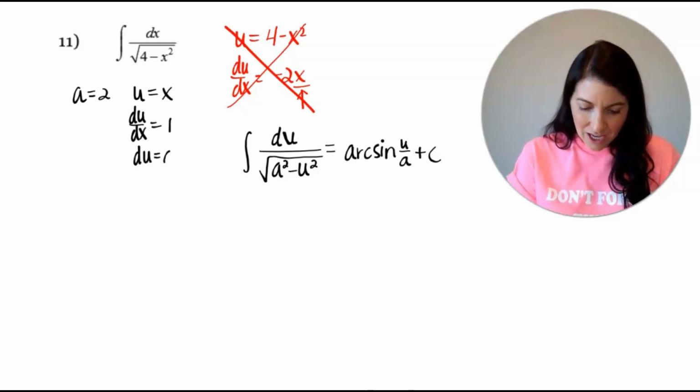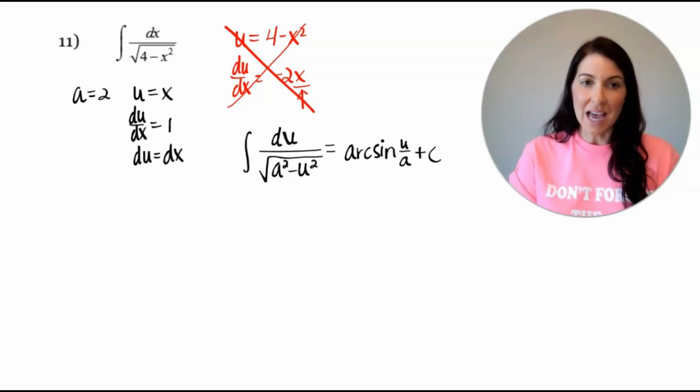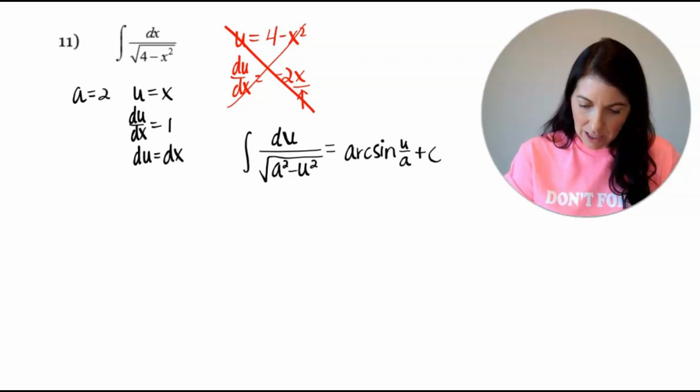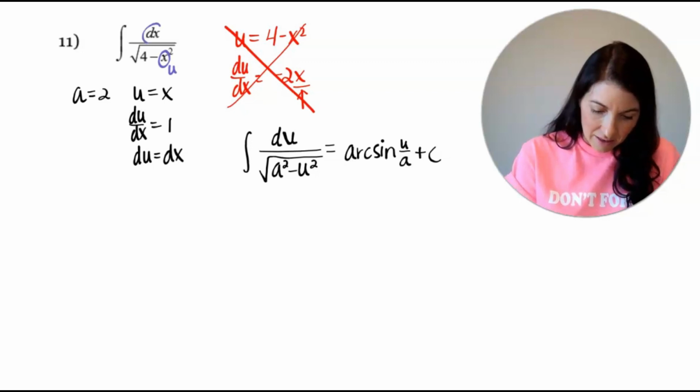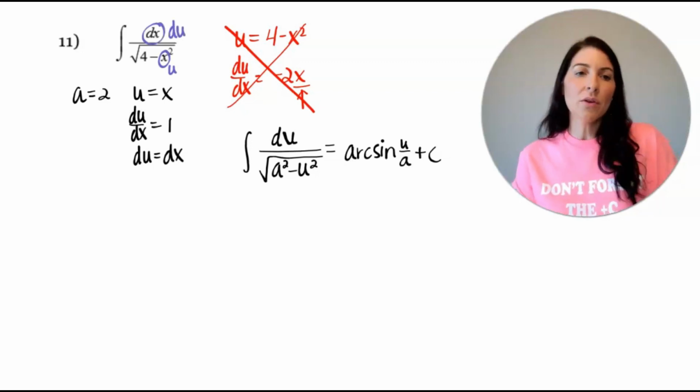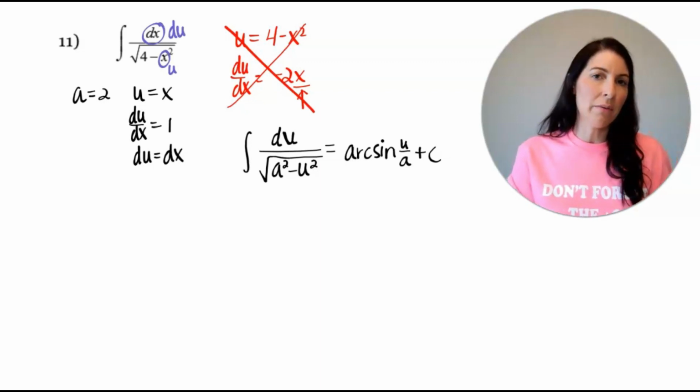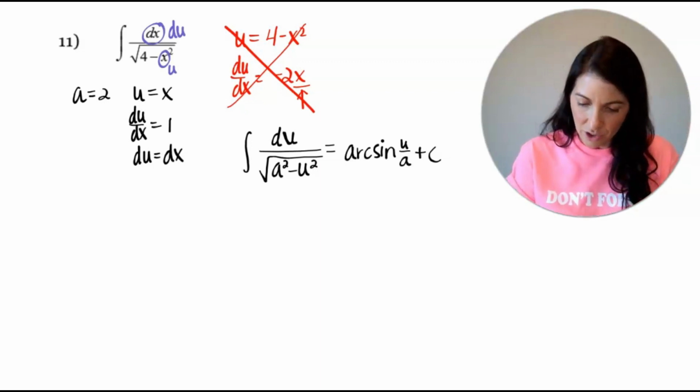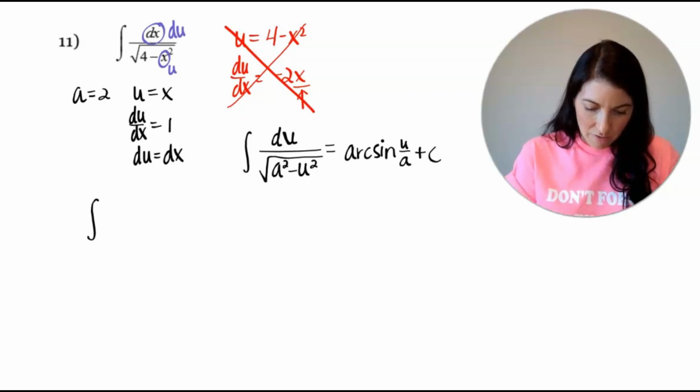So du is in fact equal to dx. So what I'm going to do now is replace the x with u and the dx with du. And the 4 you can either write as 2 squared, or if you want to write it as a squared, you can do that too. At least we wrote that a is 2 off to the side.